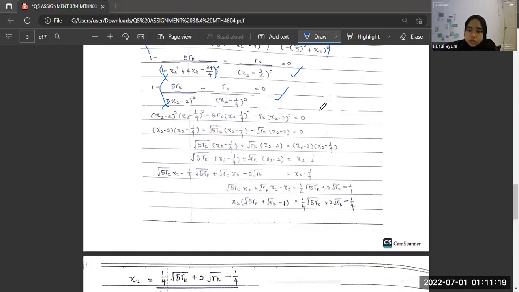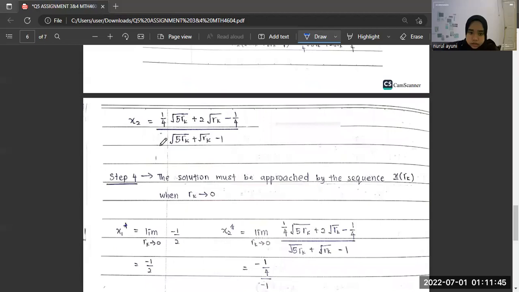As you can see, we get x2 equal to 2 and 1 over 4, and we choose the value of 1 over 4. So here, use x2 minus 1 over 4. I simplify the equations until I get x2 equal to 1 over 4, which is (5rk plus 2rk minus 1 over 4) over (5rk plus rk minus 1).